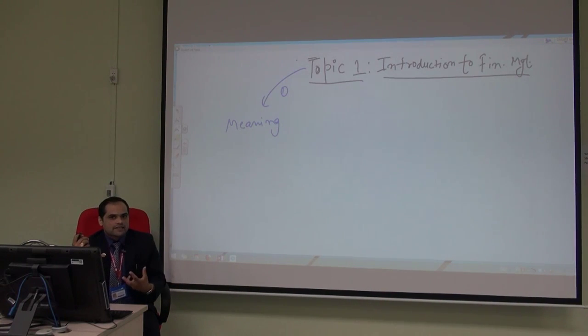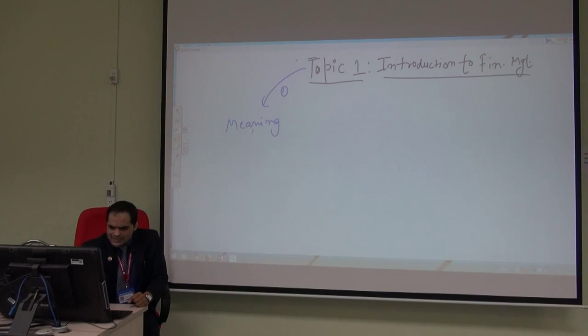That's called finance. And arranging that finance is called financial management. How do we use finance? Of course, how we raise money and how we use money over a period of time, that's called financial management.